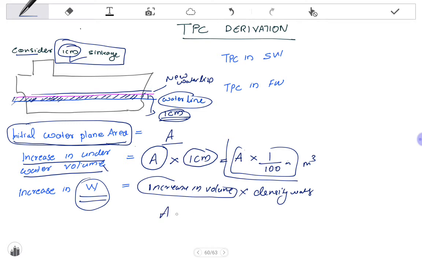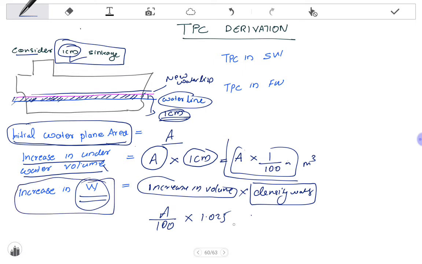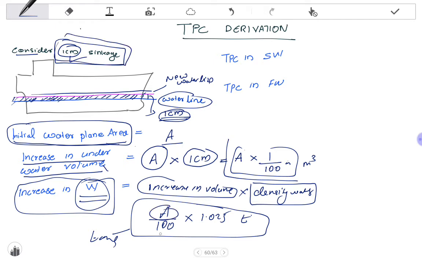If the vessel is floating in sea water, the density will be 1.025. So the increase in displacement will be A divided by 100 into 1.025 tons. From this we can say the tons required for sinkage of the vessel by 1 centimeter is A divided by 100 into 1.025 in salt water.